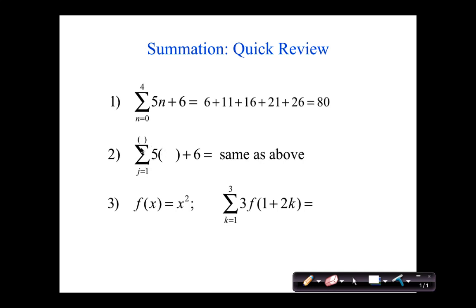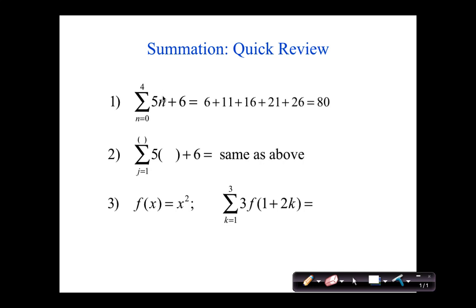If I want to substitute in the numbers 1 through 5 into this expression and have it come out to be 6, and then 11, then 16, and so forth, what do I need inside the parentheses? J minus 1. Because if I put J minus 1 here, and J starts at 1, the first time I sub in, it turns it into a 0. Cool? Which would be exactly like subbing in n equals 0.